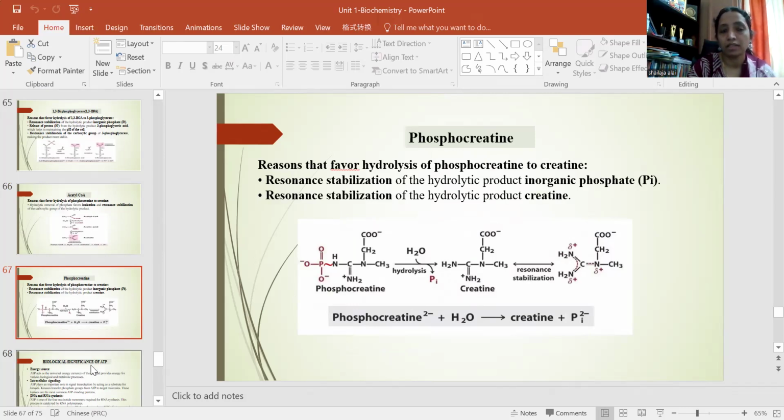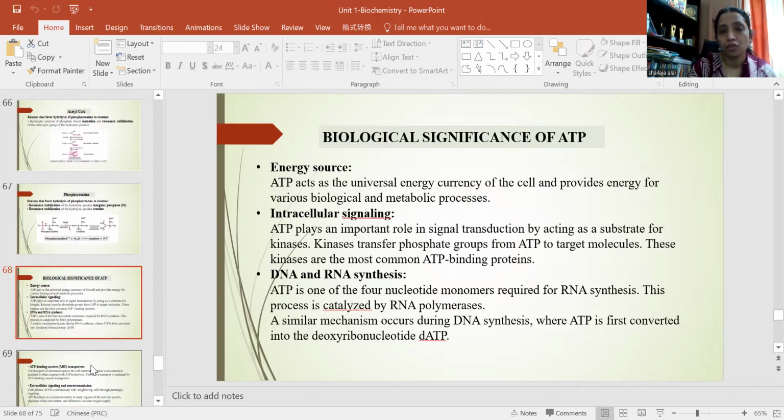So, the biological significance of ATP. ATP is a very important source of energy, and it is also called the universal energy currency of the cell. As you are aware, energy release is counted in terms of ATP. For intracellular signaling, ATP is most important by acting as a substrate for the kinases.